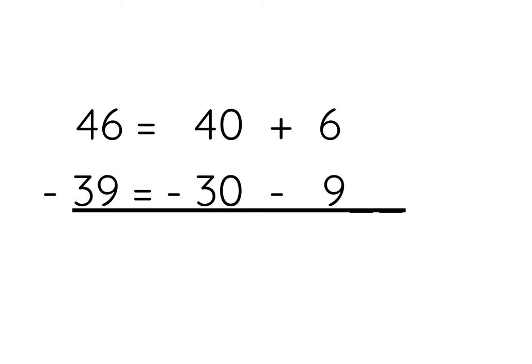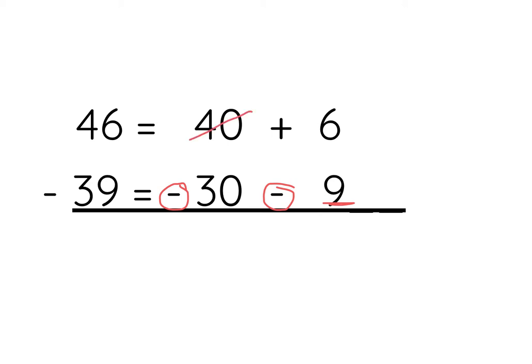46 minus 39. Again, expand both of them, making sure you keep those subtract signs. So we remember to subtract and also to keep the value. Again, 9 is larger than the 6, so if we just subtracted, we'd get a negative number.